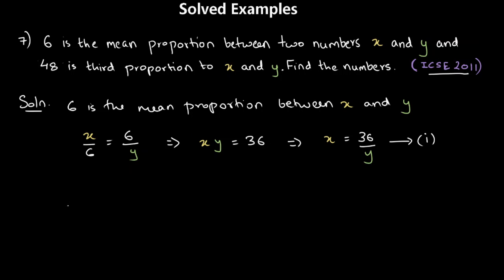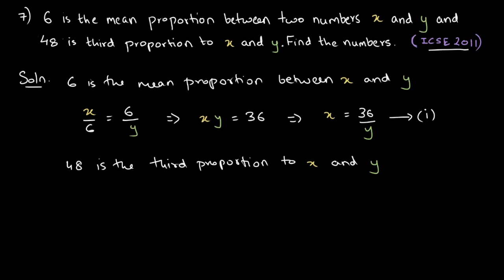Now let's use the second condition, that 48 is the third proportion to x and y. How do I use this information?